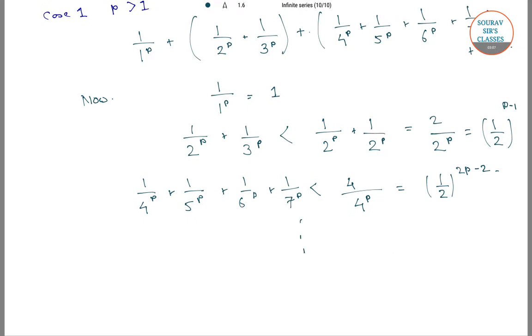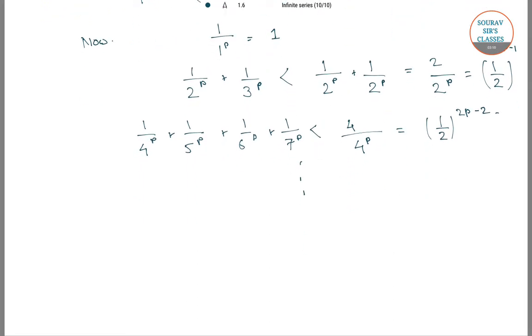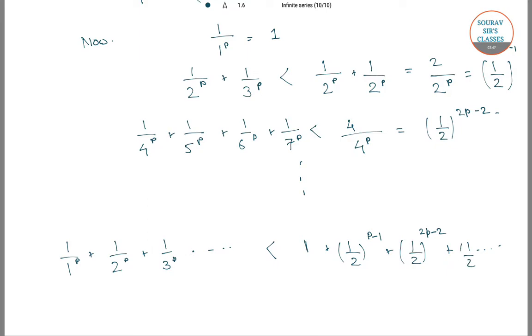Now if we continue like this, our series 1 divided by 1 raised to the power p plus 1 divided by 2 raised to the power p plus 1 divided by 3 raised to the power p, and so on, would be less than 1 plus 1 by 2 raised to the power p minus 1 plus 1 by 2 raised to the power 2p minus 2 plus 1 by 2 raised to the power 3p minus 3 and so on.